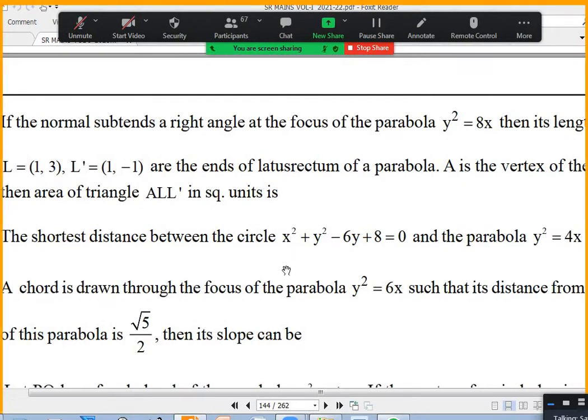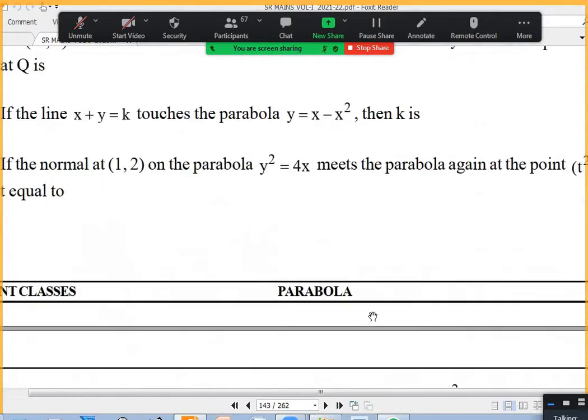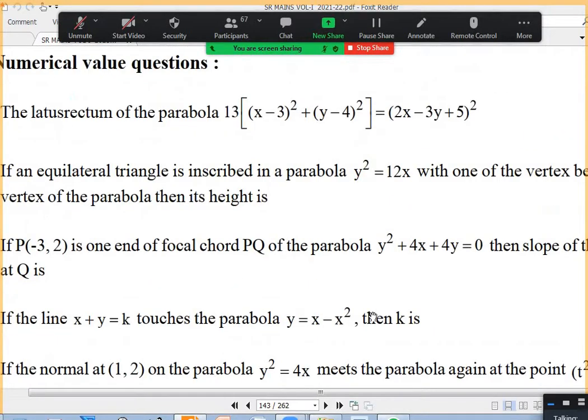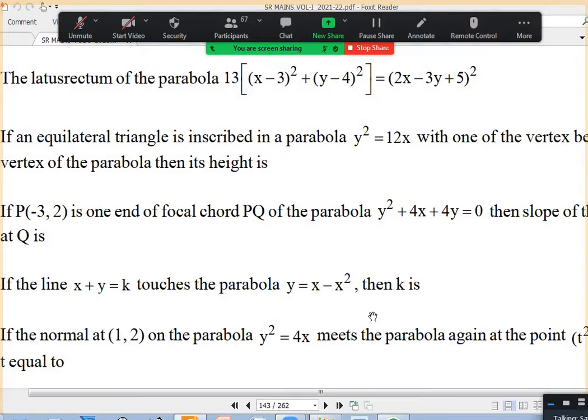Okay, 9, 8, 7, 6. Anybody any doubts? Okay, numerical 5 questions, 1 to 5. Anybody any doubts?